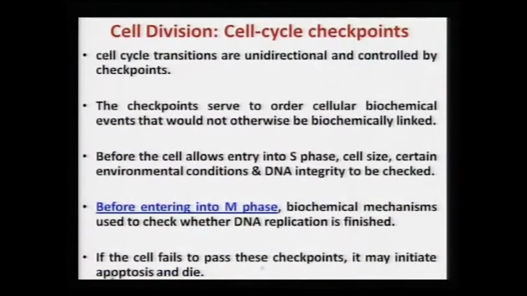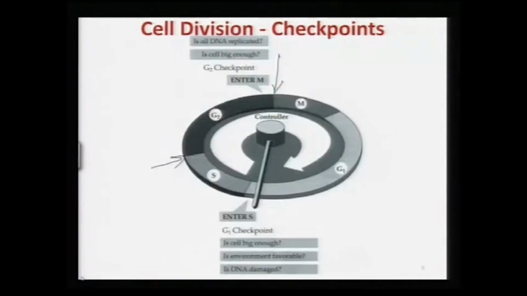Cell cycle transitions are unidirectional and controlled by the checkpoints. What does it mean? Unidirectional means it is always going like this. This is not a reversible process, remember that. Once the cell goes from G1 to S, it is never possible for it to go back to G1.